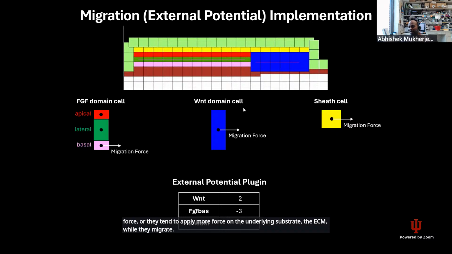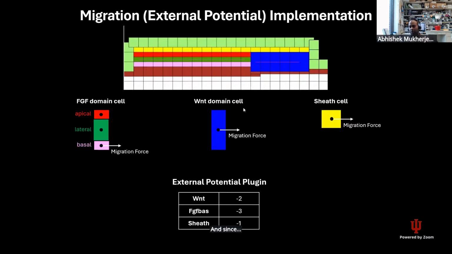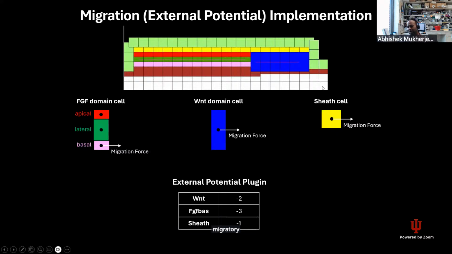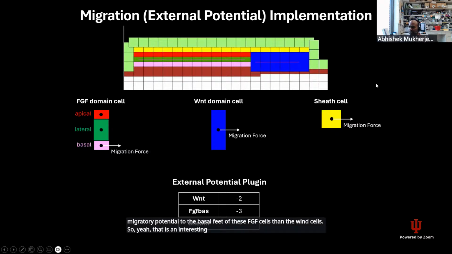Although our model did not follow that particular rationale, we also found that we had to implement a higher migratory potential to the basal feet of these FGF cells than the Wnt cells. So yeah, that is an interesting physical aspect to explore a bit more.